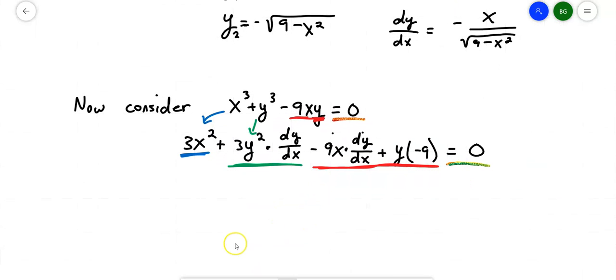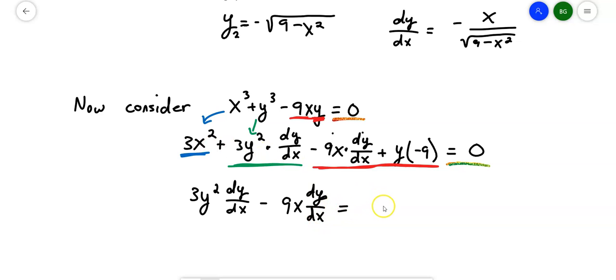And remember, we're looking for the rate of change of y with respect to x. So what we really want to do is isolate this dy/dx. So what I like to do is get all the terms that have a dy/dx in them, keep those on one side, and send everything that does not contain a dy/dx over to the other side.